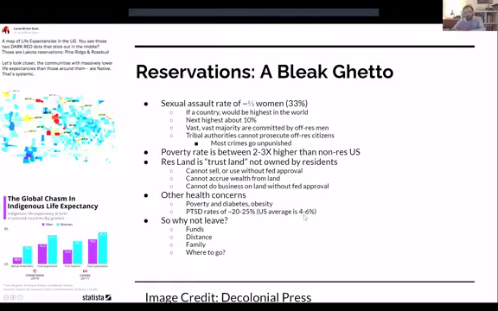But if the reservations are so bad, why don't folks just leave and go to the cities? People ask. No one's saying you have to live on the reservation, right? Kind of not. It is actually really difficult because your paperwork is different when you're raised on the reservation. Your citizenship status is slightly modified to actually be able to then travel out and get a job and housing and whatnot, and a driver's license and all those things in the state that you live in.